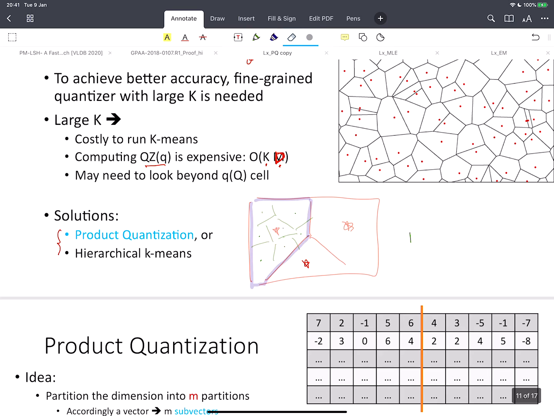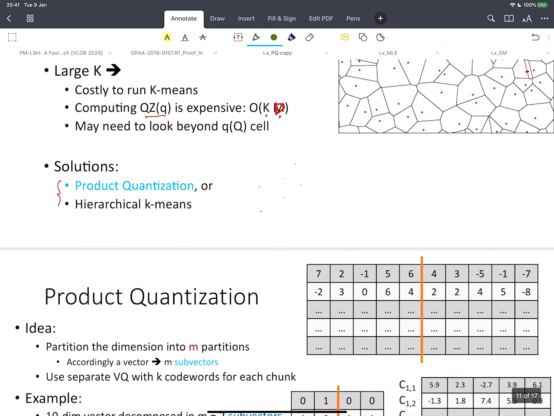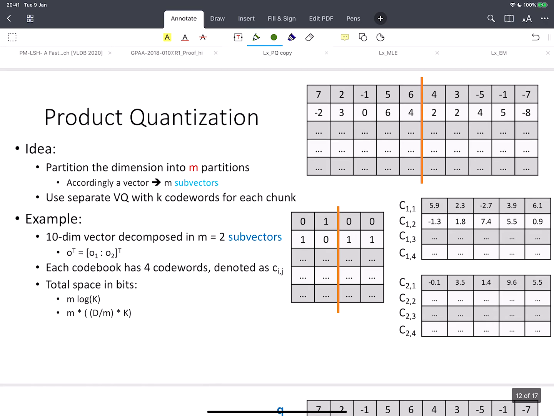So product quantization is another idea to solve the problem. Let's look at what it does. The general idea is that we do not try to deal with the entire data set.